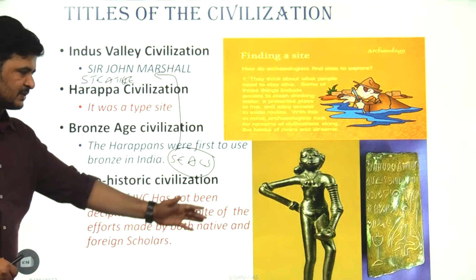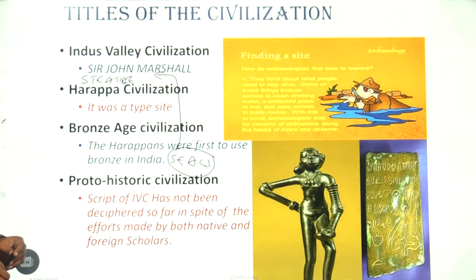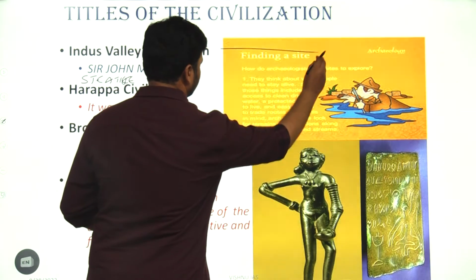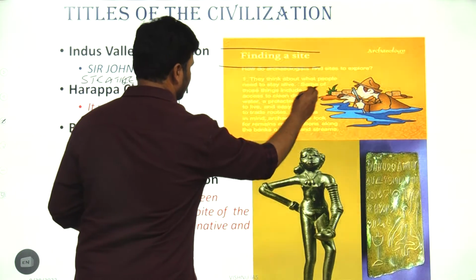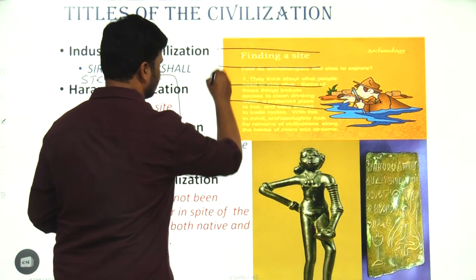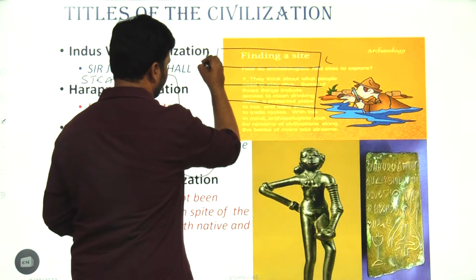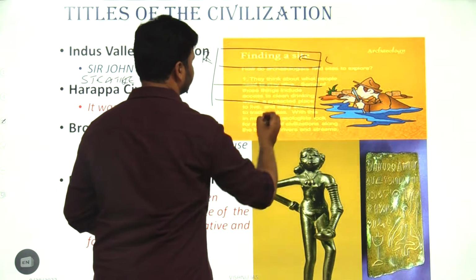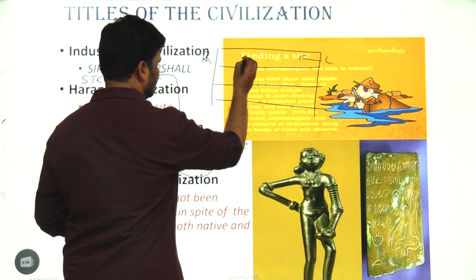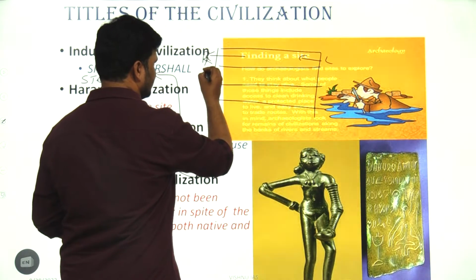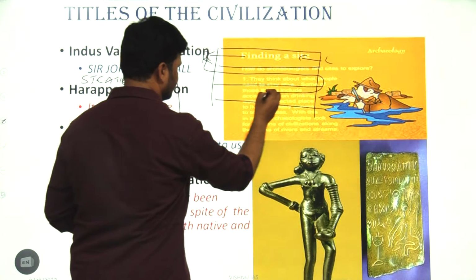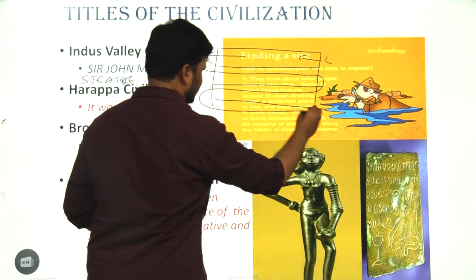In fact, we'll be going to have some images of the seals of Indus Valley civilization. When we observe the seals, the first line starts from left and never ends on the right, but it continues from right to left, left to right, it went on.